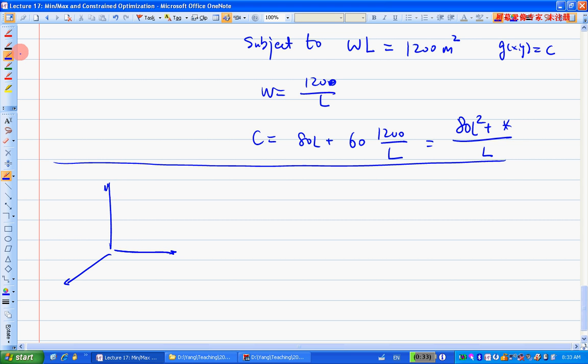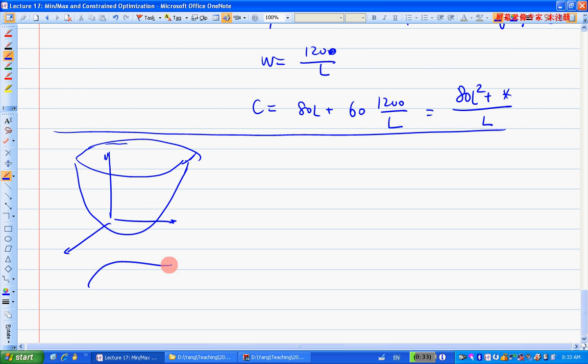We're going to use the gradient concept to illustrate this situation here. So here is a function f of x, y. Here is the constraint of this.